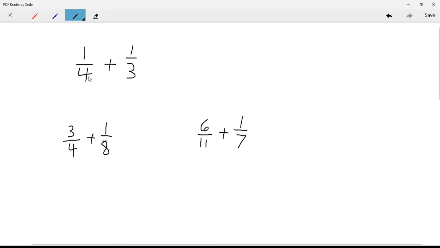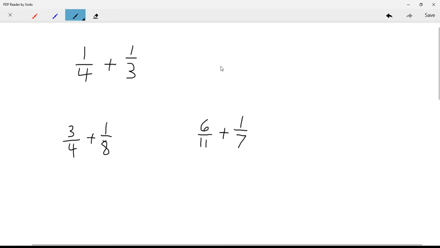Because it's hard to add 1/4 to 1/3. You have to change one or both of the denominators so that they're the same, basically. And then you just add the numerators.